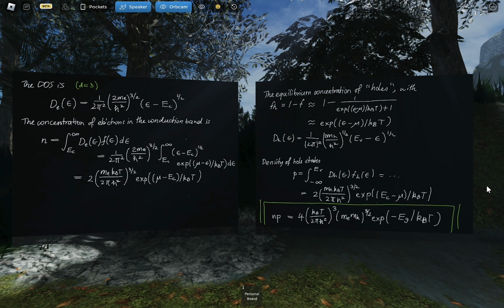But this particular formula for the product NP, then later on in the section, Kittel goes on to use it to do other things. So maybe that's actually the stronger argument for the assertion that this calculation in terms of density of states and concentration and so on is telling you something physical. The particular example I chose, maybe this wasn't the right way to motivate it. Yep, thanks for explaining.